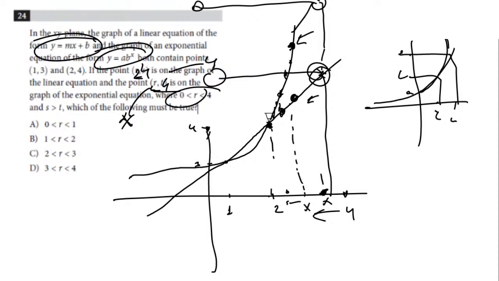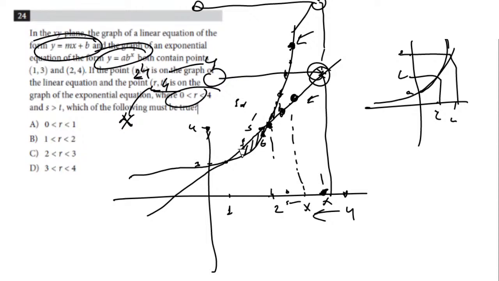So once we found that they are the same, s equals t, and then we continue going here, we find that at this point, the value of the linear function, which was s, is bigger than the value of the exponential, t, you see?